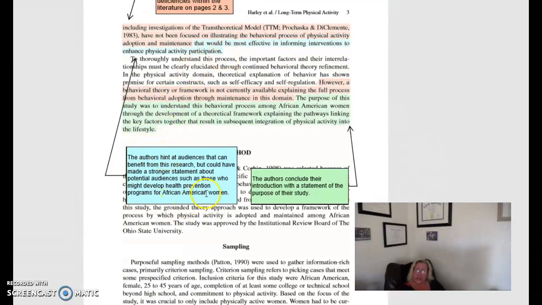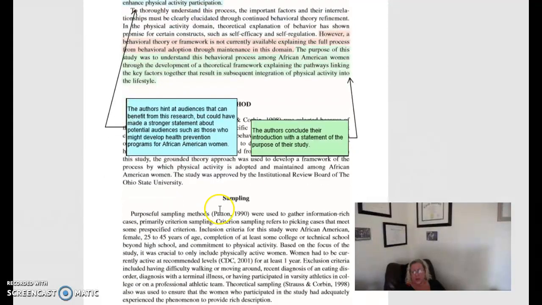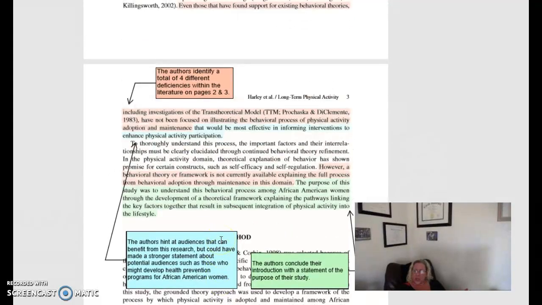So the critiquer of this article is saying that they're hinting at the audience that can benefit from this research, because that is something you also want to address: who is going to benefit from the research that you are doing. And here the critiquer is saying they could have made a stronger statement about potential audiences, such as those who might develop health prevention programs for African American women. Okay, and that's pretty much it for this article.